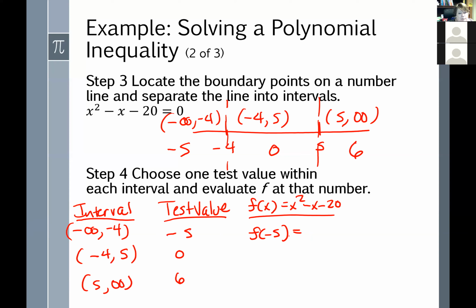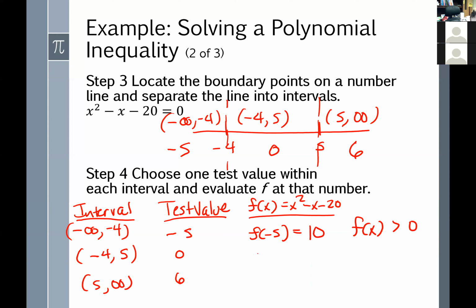Don't get this wrong. Your calculator can do this. So -5 squared is 25. 25 plus 5 is 30. 30 minus 20 is 10. So your function is positive in that interval. If it's +10, it's positive for every number in that interval. So if it's positive for your test point, it's positive for every number in that interval.